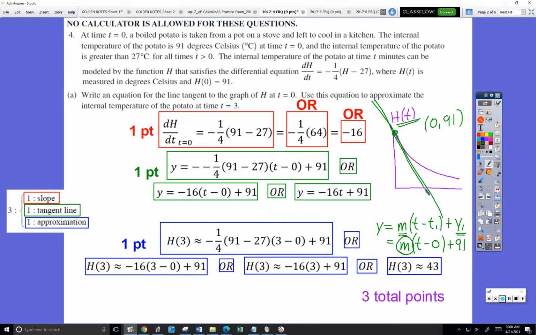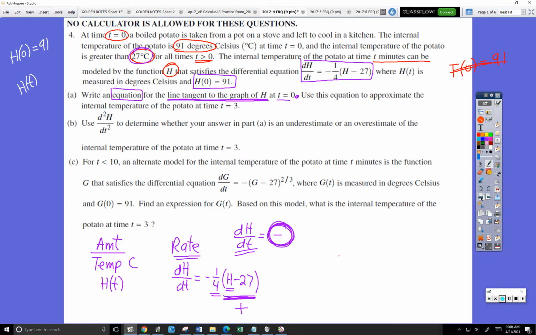But remember that as we read the problem, we figured out that this formula dH/dt is how we would find the rate of change or slope of this. So we've just got to go find the slope of h when time is equal to 0, which means we've got to find the value of dH/dt when time is equal to 0.